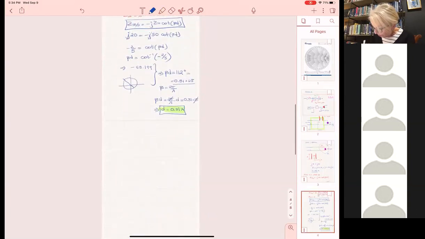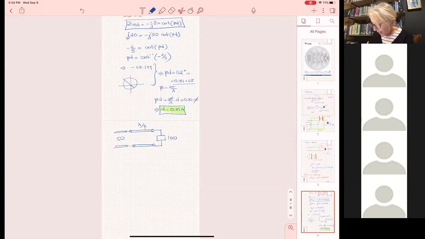100 ohms. So now, as you said, we have to create the lambda over 4, the quarter wavelength transformer, to go from 100 to 50, because that's where we're going to be. Here, 50. All right.